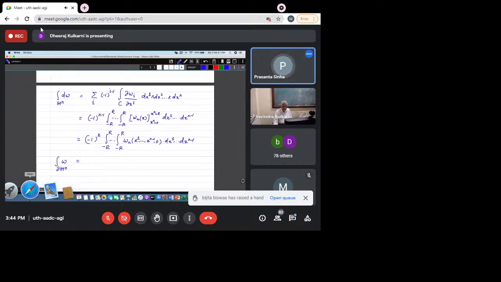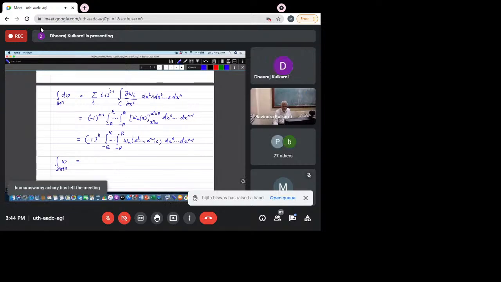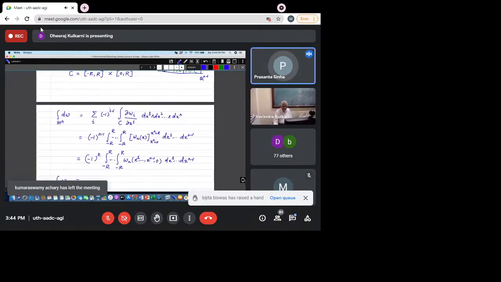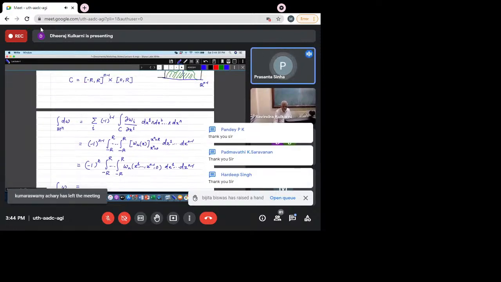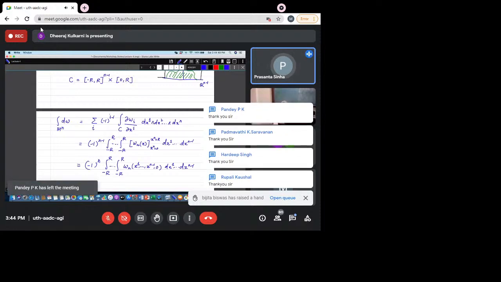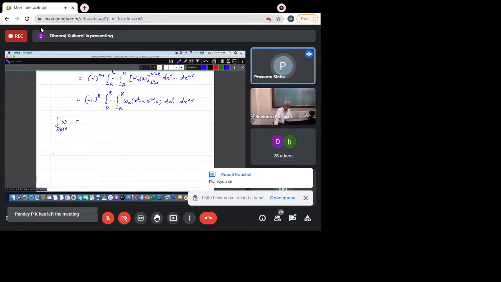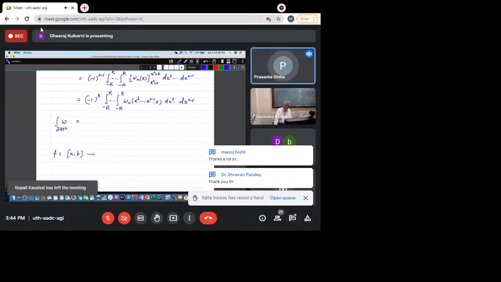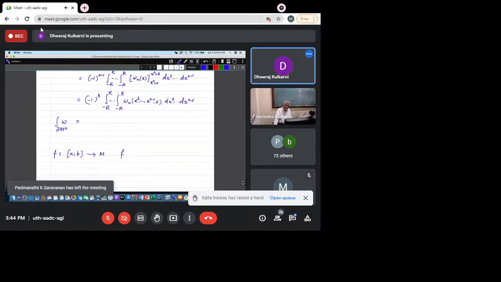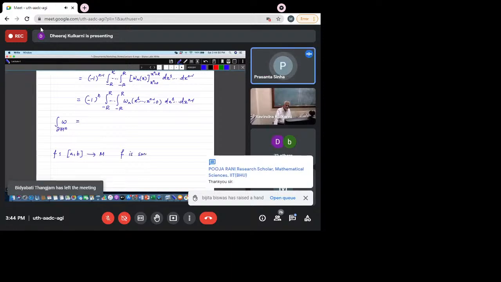Sir, I have some questions. Please go ahead. Just a little bit earlier, whenever a function f from a closed interval [a,b] to some smooth manifold is a smooth embedding, then f has dimension 1. Just a little bit earlier, if you go back to that page.